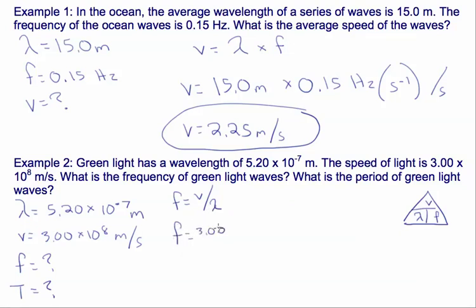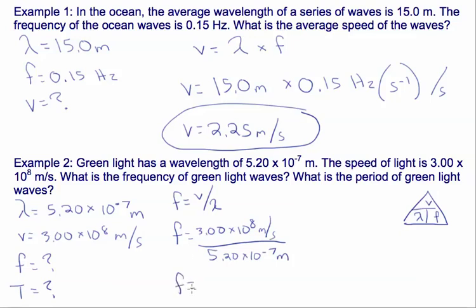The hard part about these problems, and dealing with light is always going to have scientific notation, is using the scientific notation and putting it correctly into your calculators. If you don't remember how to do it, you might go back and check in the math chapter at the very beginning of the course. There's a little section about scientific notation, and I give you some directions for how to put it into your calculator.